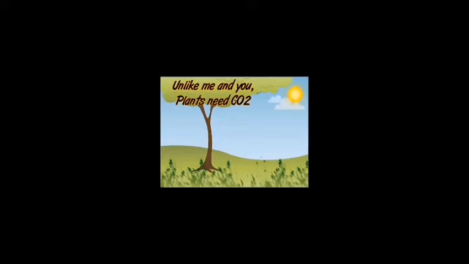They use the process of photosynthesis to transform water, sunlight, and carbon dioxide to oxygen and simple sugars that the plant uses as fuel. So that is the role of photosynthesis in plants.